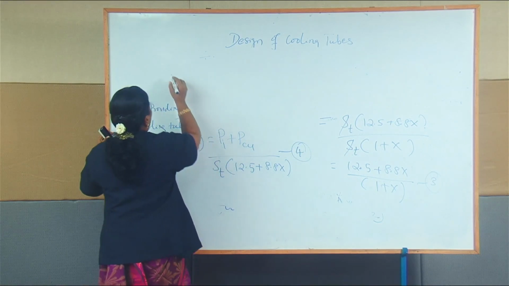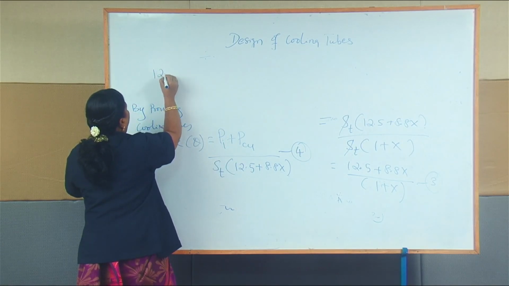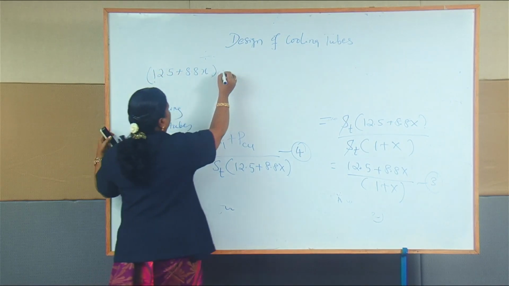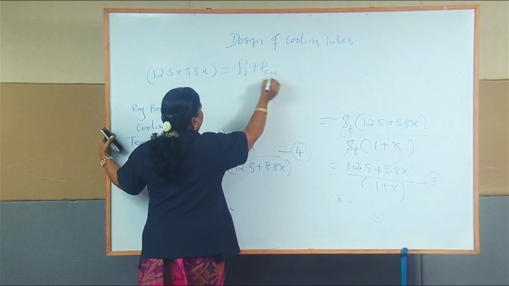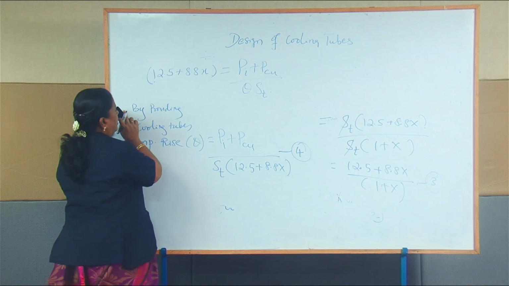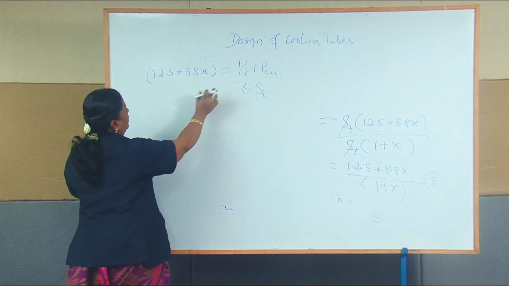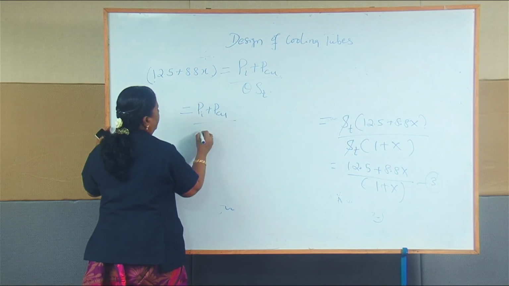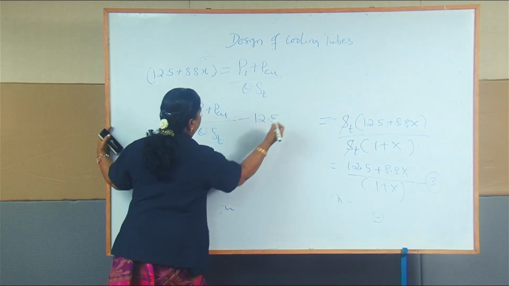From equation 4, we can take 12.5 plus 8.8x on the left hand side, and on the right hand side I consider Pi plus PCU divided by theta into S suffix T. This 12.5, let me bring to the other side, so it will be minus 12.5.